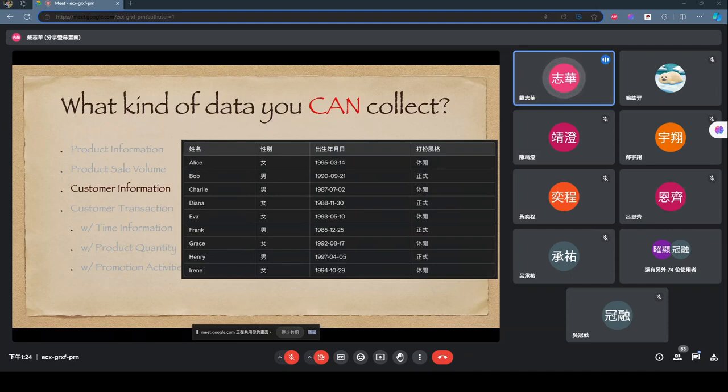It's relatively static. Most of the time you won't change your gender, and definitely you won't change your birthday, right? It's personal, and it does not directly interact with the product property.